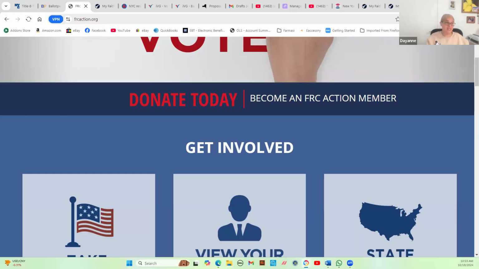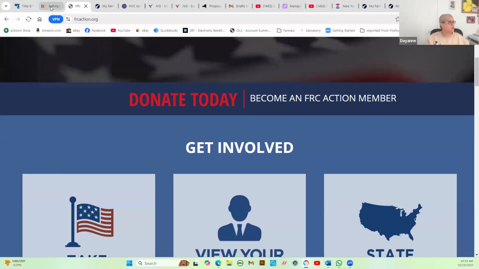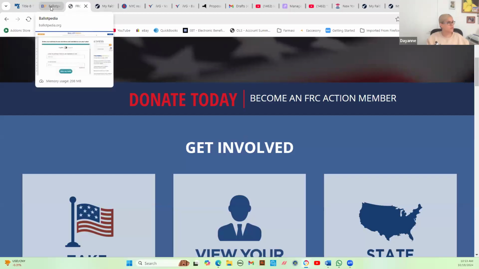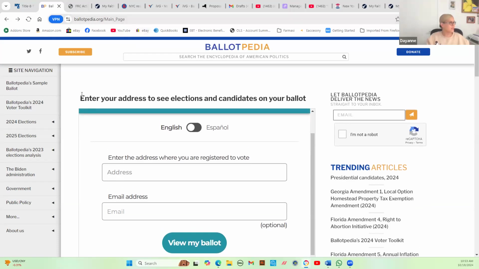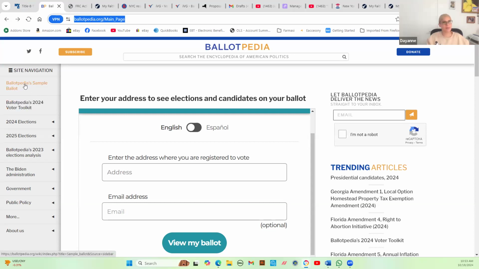So now let's get ready for what I want to look for. If you are in front of your computer, I want you to go to ballotpedia.org. You don't have to type main page, it'll come up automatically, but once you're on the home page, you click on Ballotpedia Sample Ballot. I want you to do that.